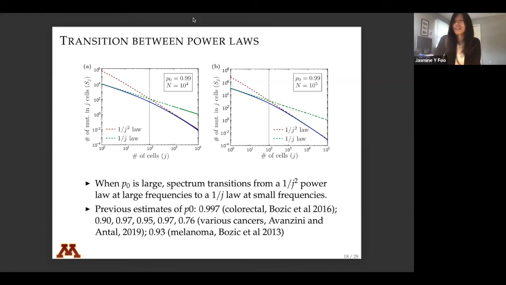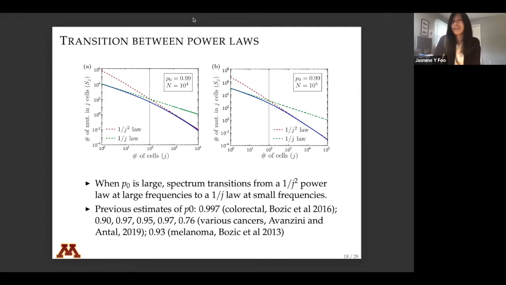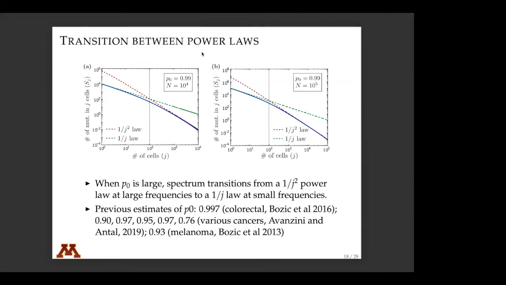That way you can decouple the birth and death rates. So your method would be able to estimate it just from a snapshot rather than from looking at it over time. Right, exactly.